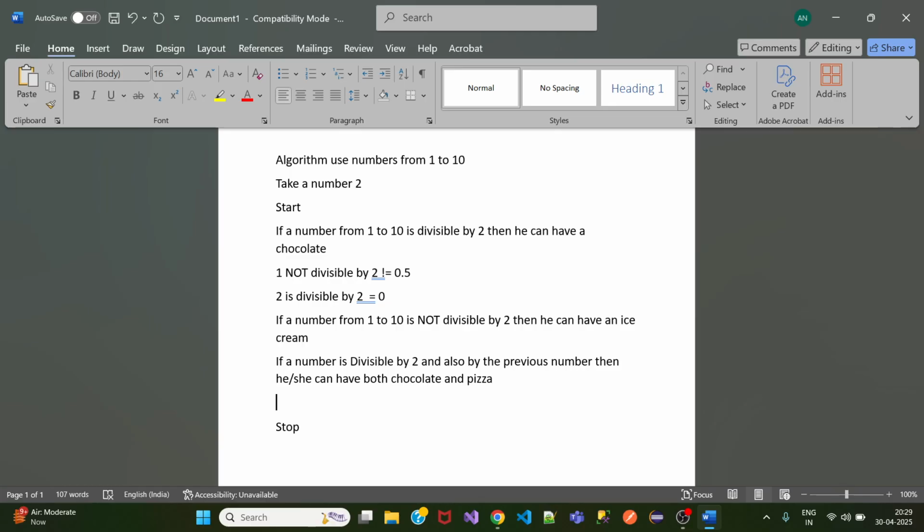Okay, 6. 6 is divisible by 2, which gives remainder 0, right? And the previous number, which is 3. 6 is also divisible by 3, remainder 0. So here it can have chocolate and pizza.